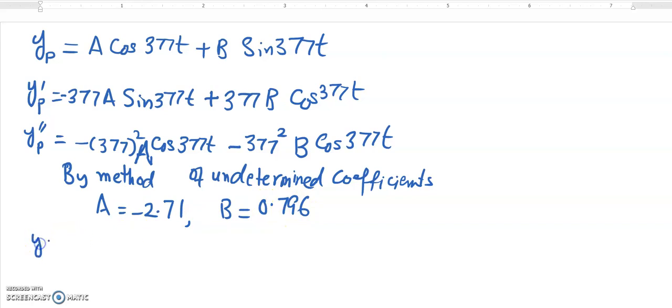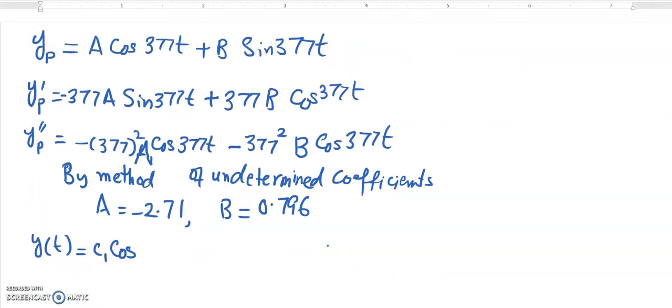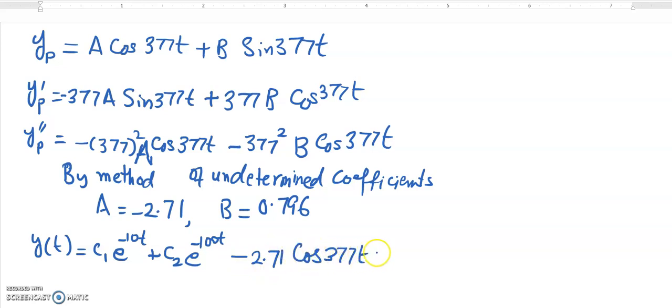So the general solution is C1 e^(-10t) + C2 e^(-100t) - 2.71 cos 377t + 0.796 sin 377t.